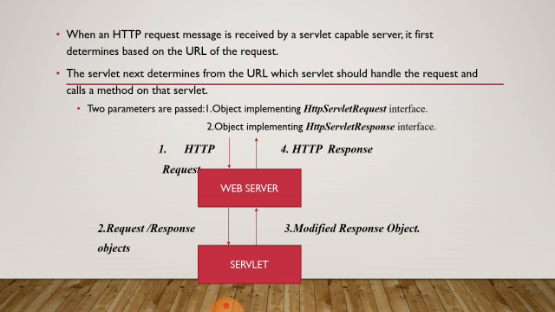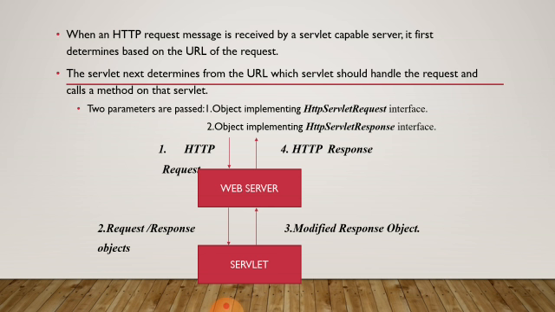So the servlet determines this because you will be generating multiple requests. Once you have opened the net, you will be giving more than one request in your website from your IP address itself. So it will determine from which URL the request has to be handled.